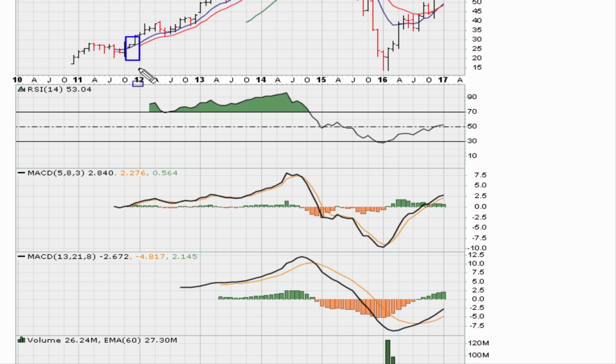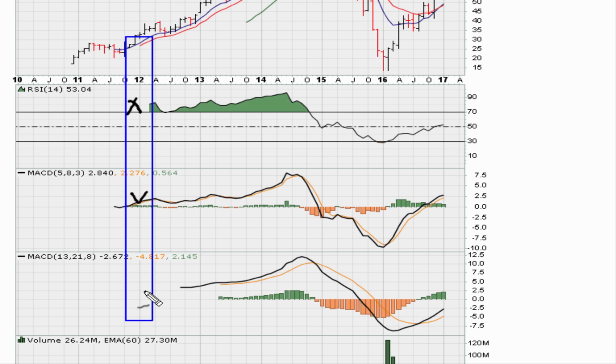We had a MACD, but the other MACD was not well developed to show. So we have to go to the weekly to understand where the breakout took place in terms of the technical minimum requirements. So let's take a look at that weekly chart.